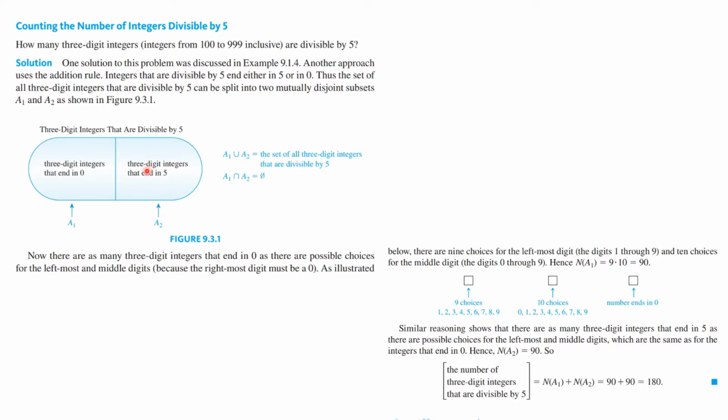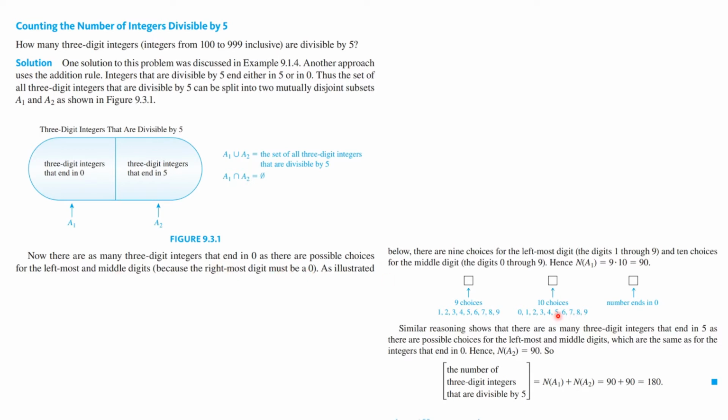Now, when I say add, you take the union, that takes care of all of them, and they are certainly disjoint, because a number can't end in 5 and also end in 0. So suppose they end in 0. Well, then there are choices for the leftmost and middle digits, because the rightmost digit must be a 0.